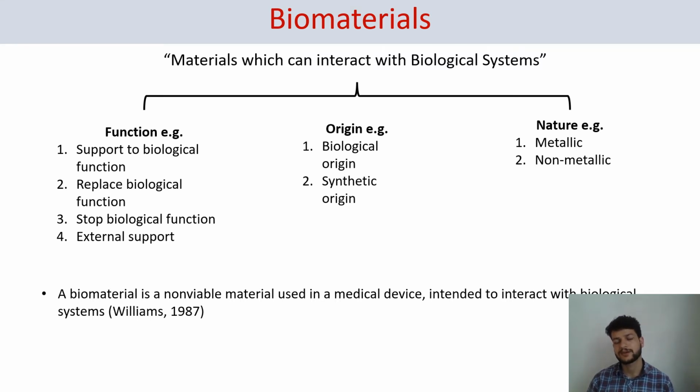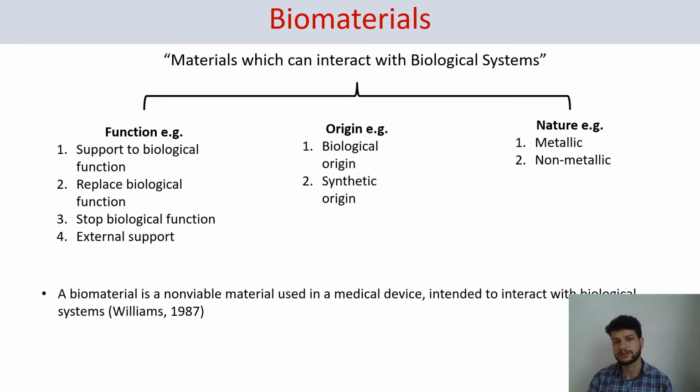Some common examples are gelatin, different gums, and extracellular matrix, which are used as biomaterials in different applications. These all have biological origin. And synthetic origin are the different polymers, ceramics, and metals which have been synthesized, which have non-biological origin, we can say.